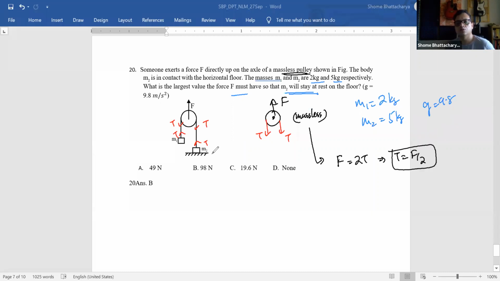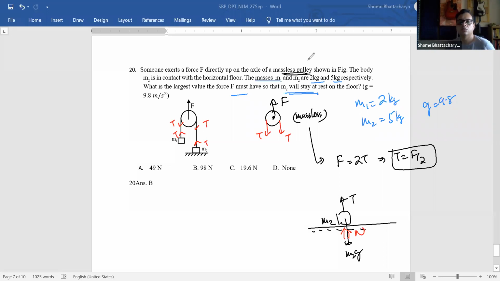Now you come to M2's free body diagram. On this you can see that there is tension, there is weight, and there is normal reaction.